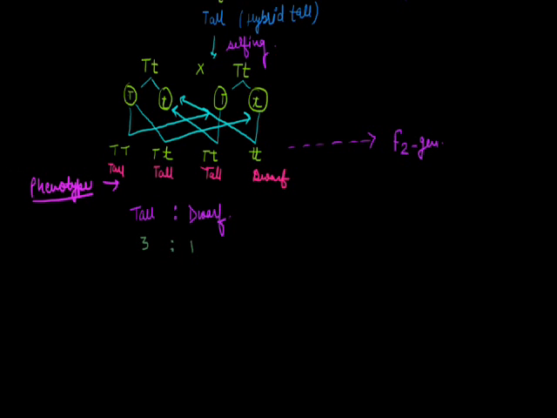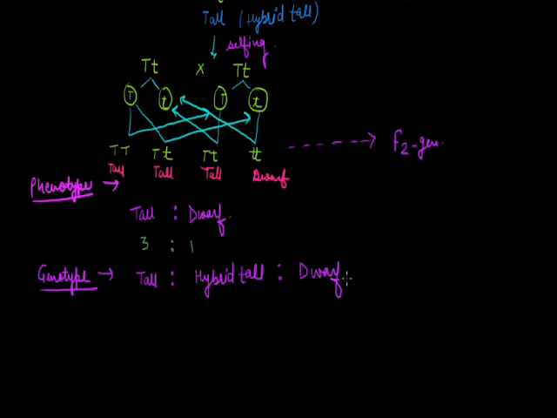While in the case of genotype, I have to express them like this. This one is pure tall, this one is hybrid tall, this one is hybrid tall and this one is short. So the categories are pure tall, hybrid tall and dwarf.